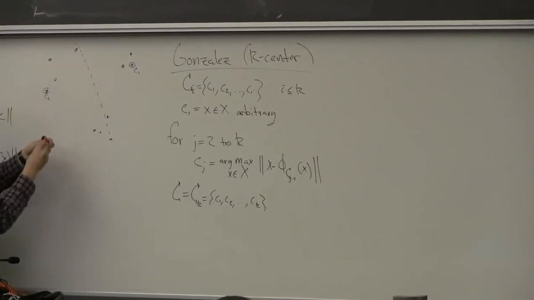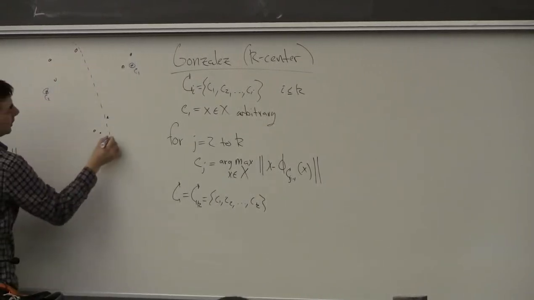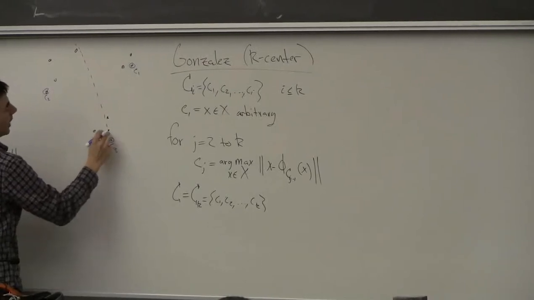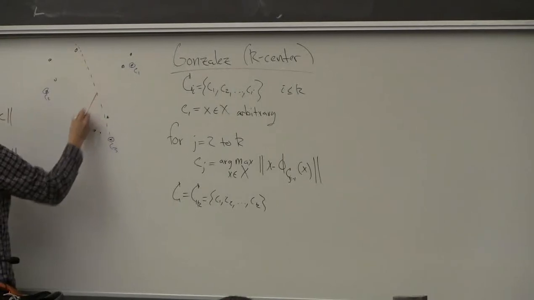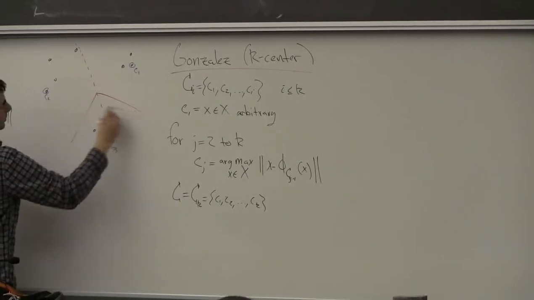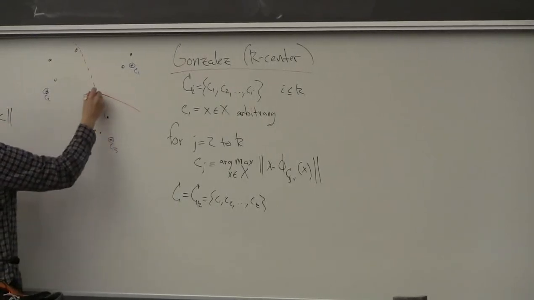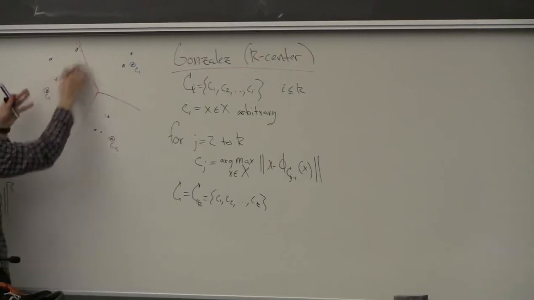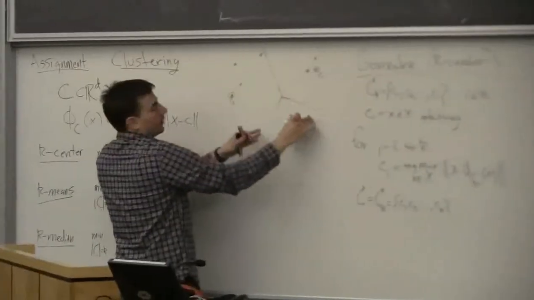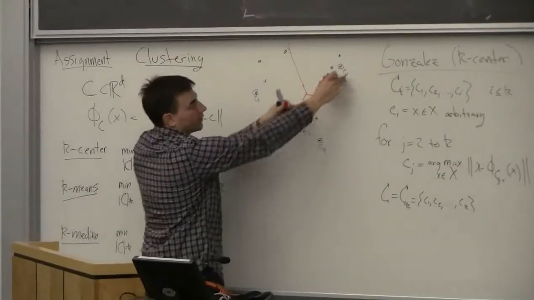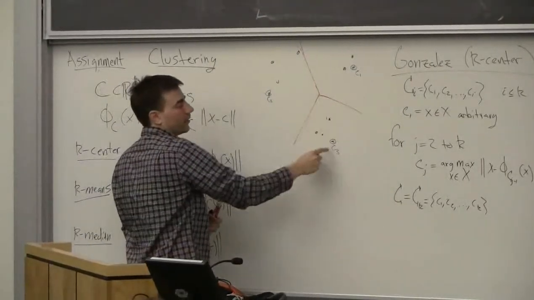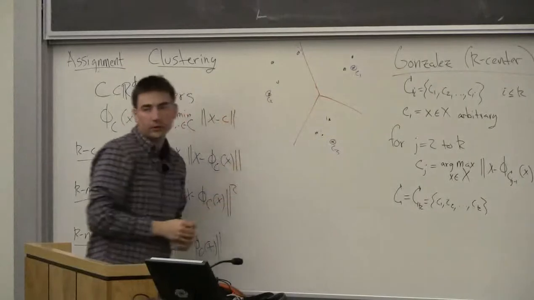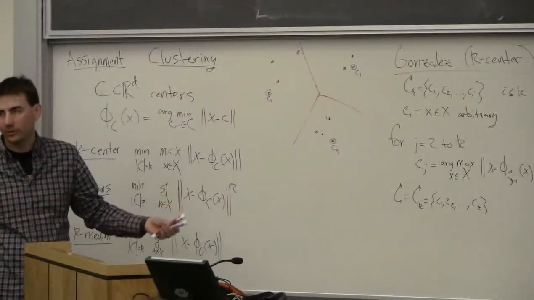So this point becomes C3, and now I have this new Voronoi line here. This line still divides these two regions, and this line divides these regions from these regions. So now I've assigned all these points to this center and so forth. That's the whole algorithm.